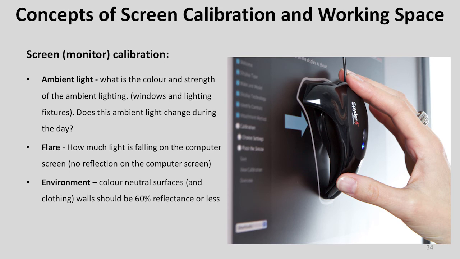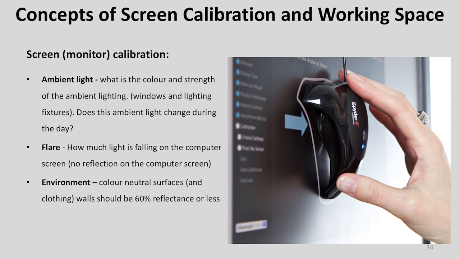As the day moves on, the amount of light and the color temperature of the light will change. This will affect how you see and assess your on-screen images. Also ensure that any room lighting does not create light flare on the screen. If you can see a reflection of the light, then move the computer and or the desk until this disappears.